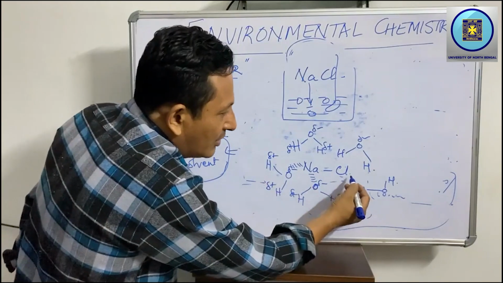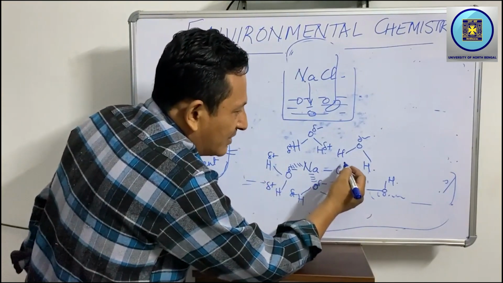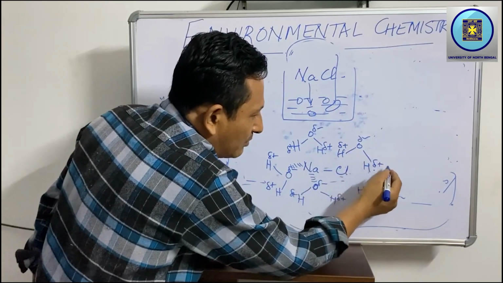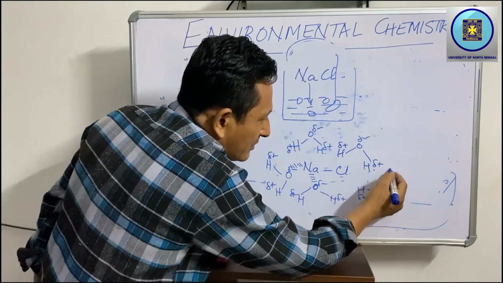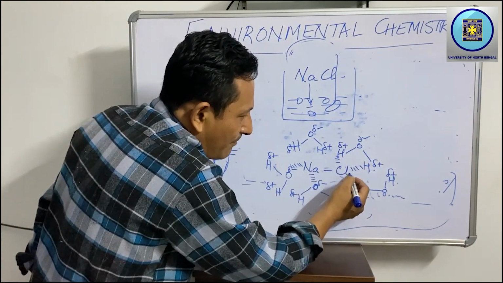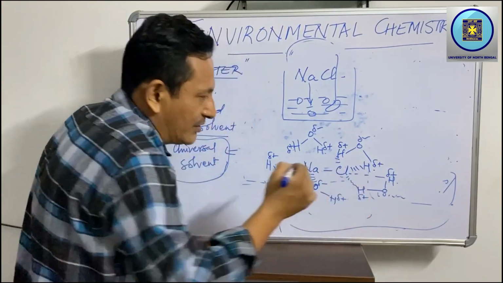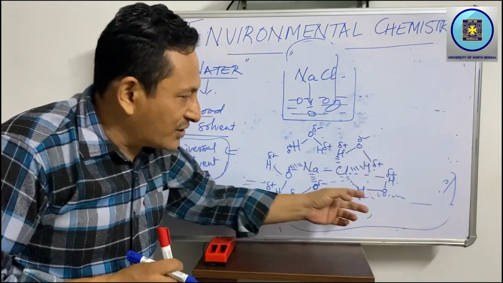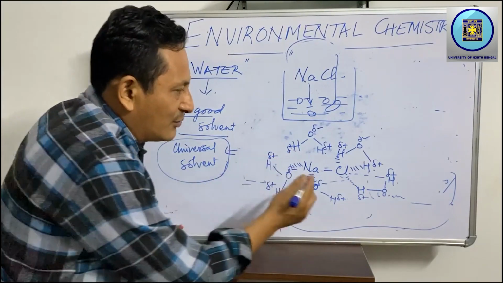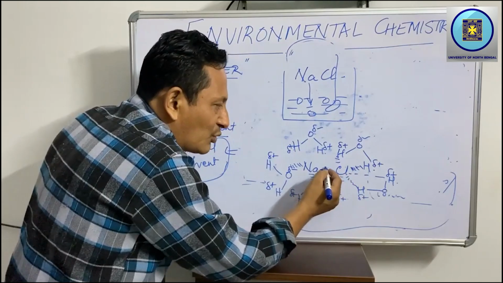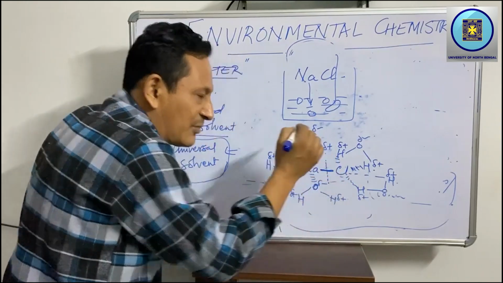Chloride, on the other hand, is electronegative. So when you have del plus hydrogen atoms near it, it starts to form associations with them. As it forms associations with the water molecules via weaker interactions, the bond in sodium chloride starts to weaken, and finally it breaks.